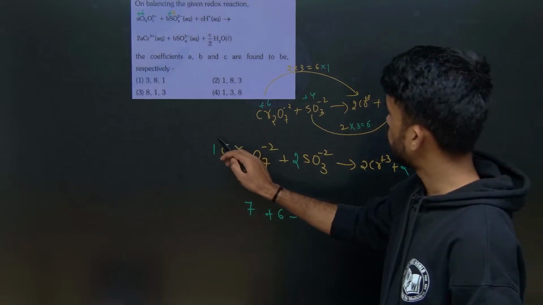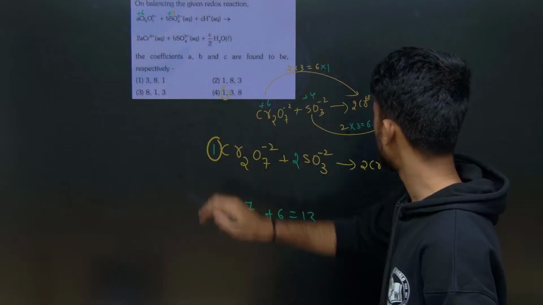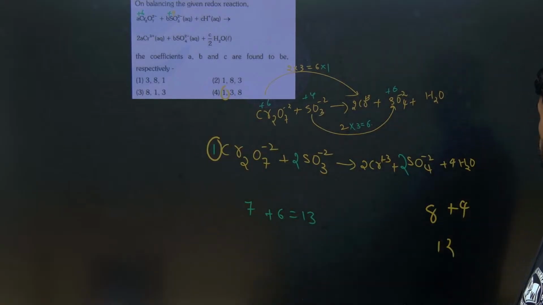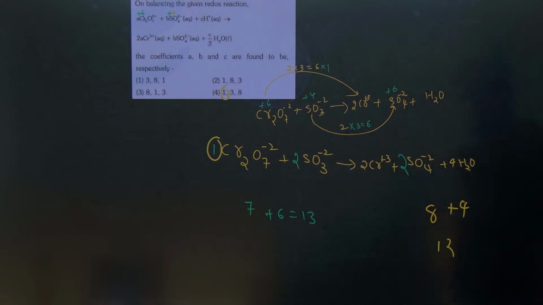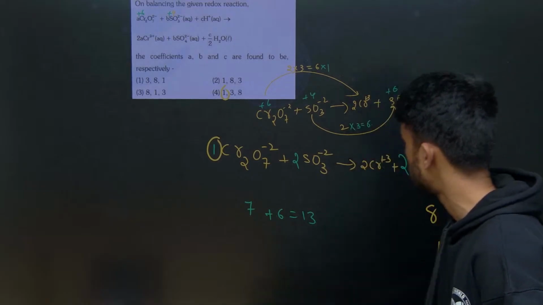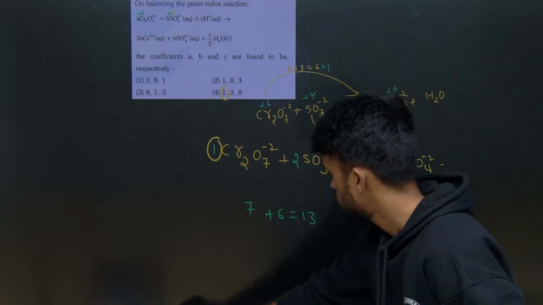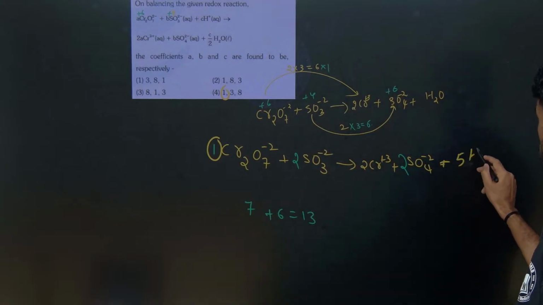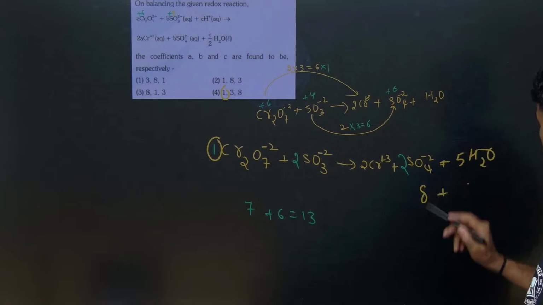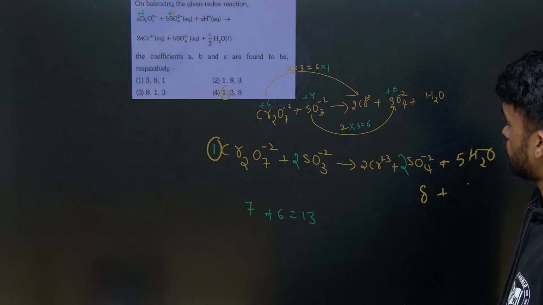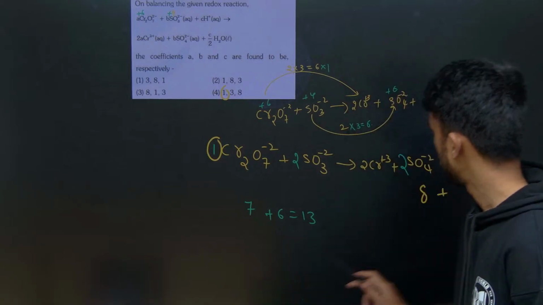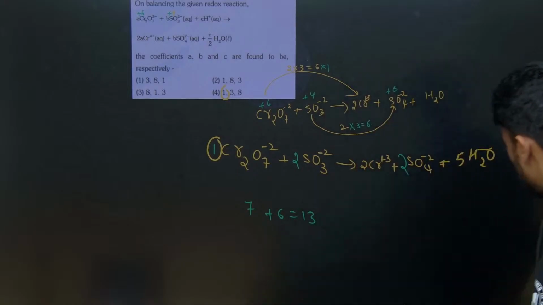So what is the value for this chromium we got? Okay, 1, fine. So did we make any mistakes? No, right? 4 to the 8, 9. If I take 5 here, what is the answer we can get? 5H2O. So 8 plus 1, 9 it will be. Okay, let us come back to this again after looking at these questions.